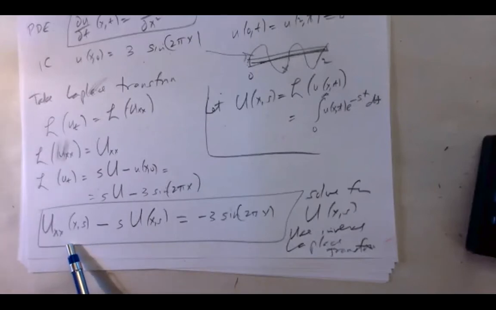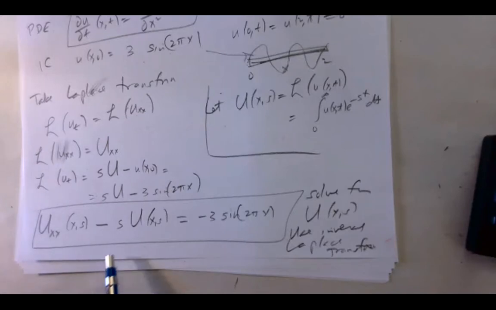U is a function of x. So this capital U is just going to involve sines and cosines of square root of s, right?